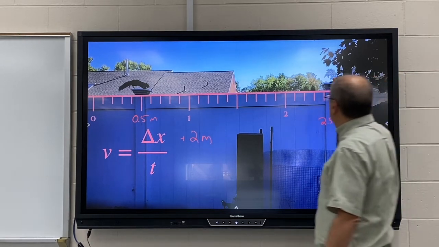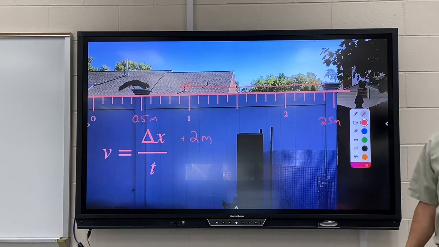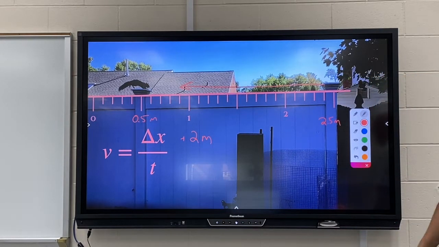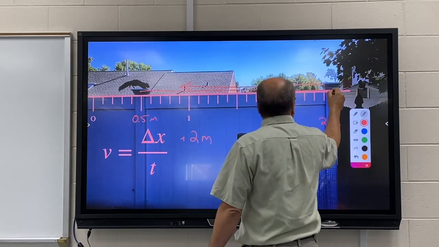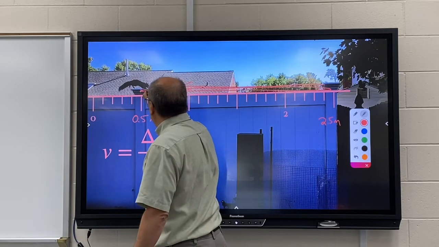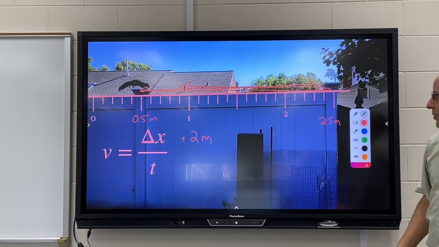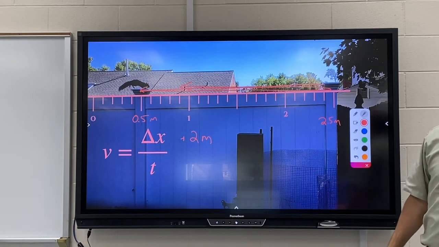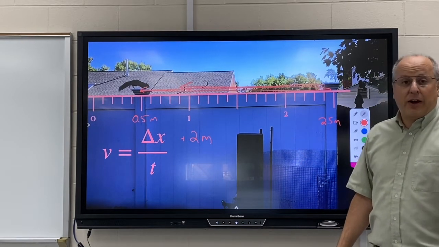Had he been running to the left, his x values would have been decreasing, and then his displacement would have been negative. If he had run all the way to this pole and came back again, his displacement would have been 0. Okay, because he would have started and ended at the same spot, and his change in position would have been 0.